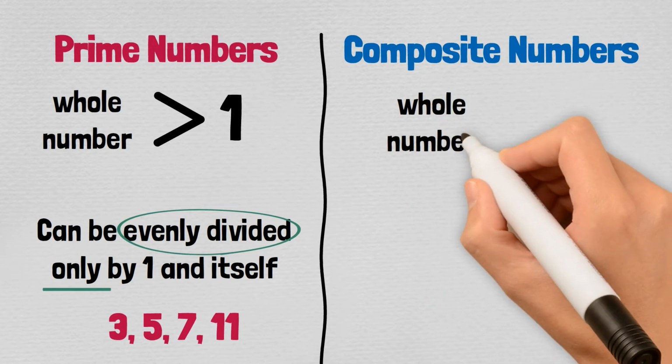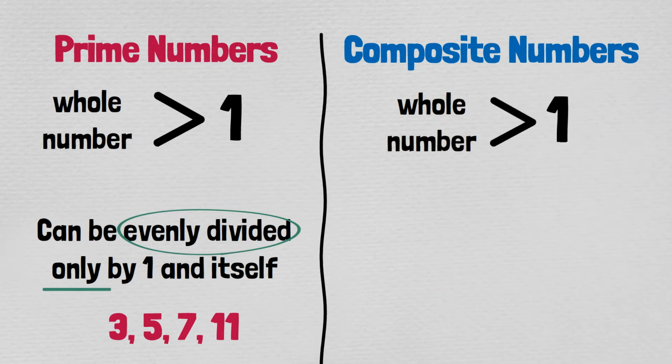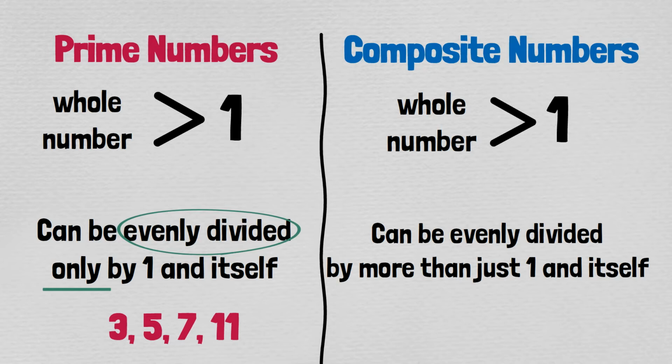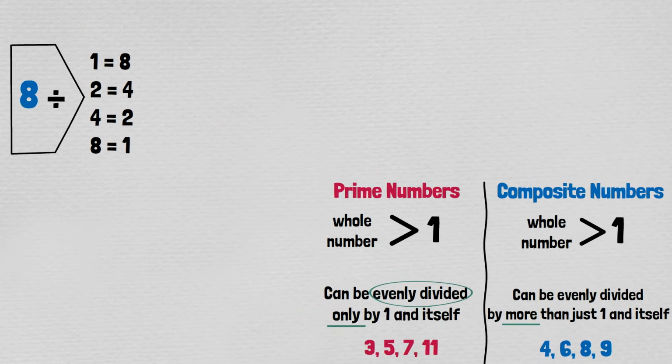On the other hand, a composite number is any whole number, again greater than 1, that can be evenly divided by more than just 1 and itself. For example, 8 can be divided evenly by 1, 2, 4, and 8.